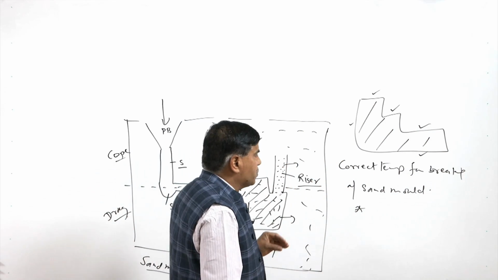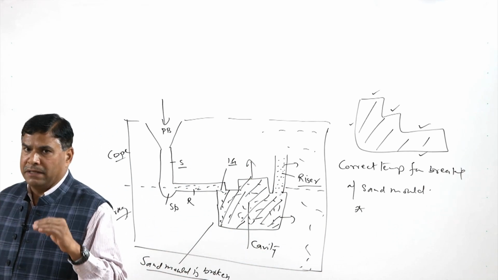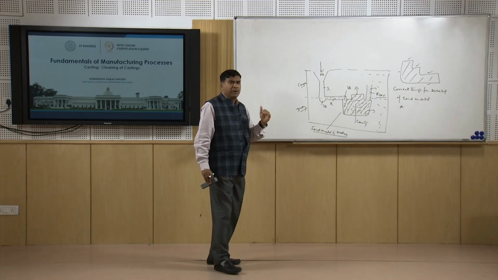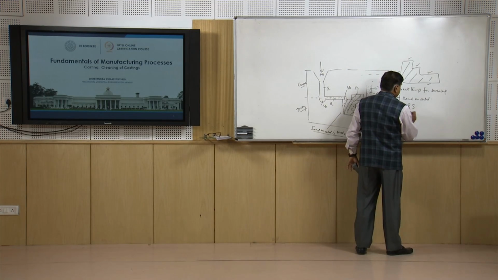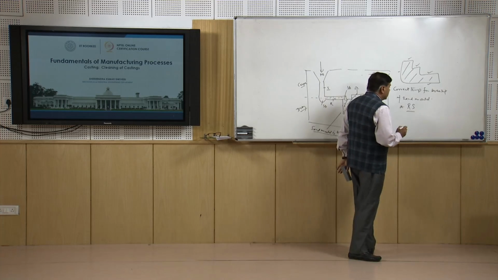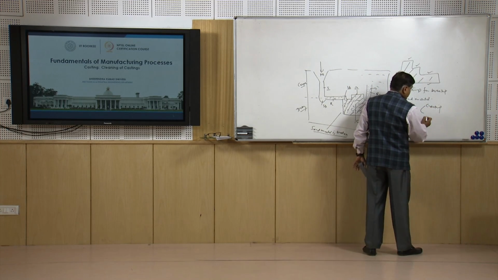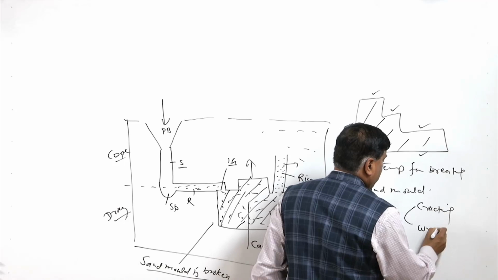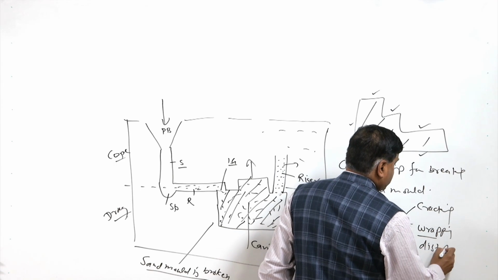Because of these two regions, the differential contraction at the surface and the core leads to the development of residual stresses in the casting, and this can lead to cracking as well as warping or distortion in the casting.